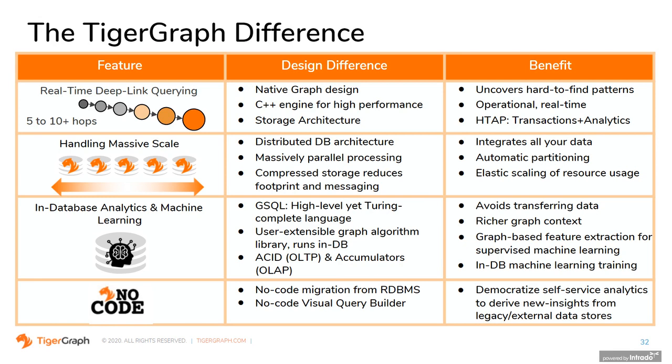Real-time deep link querying, the ability to handle 5 or 10 hops in sub-second capability. And that really comes from having done a bottom-up ground-up design, from the beginning, of a graph database from scratch in C++, native graph designed for parallel execution, and with efficient compressed storage, because that compression actually gives you cost and speed advantages.